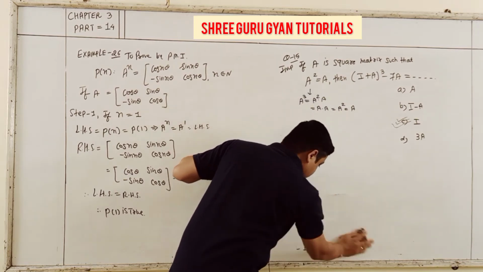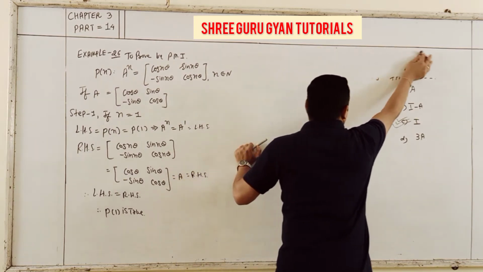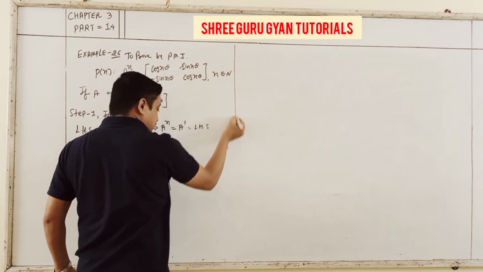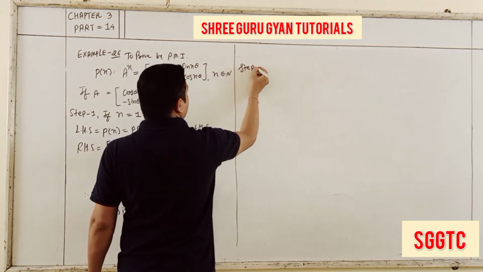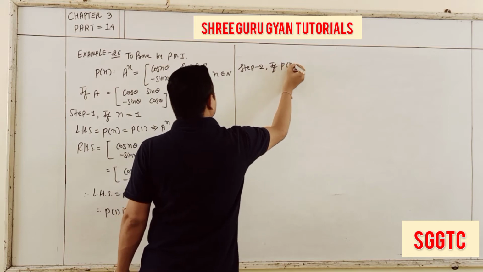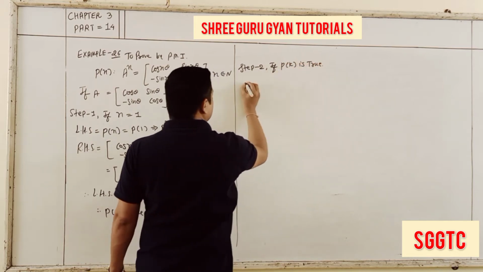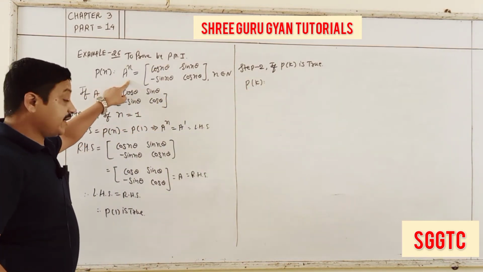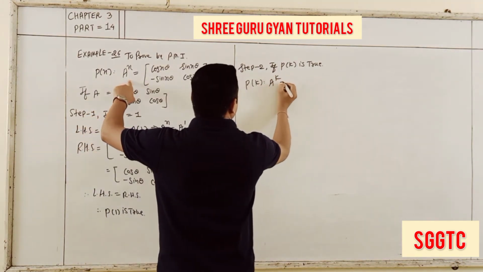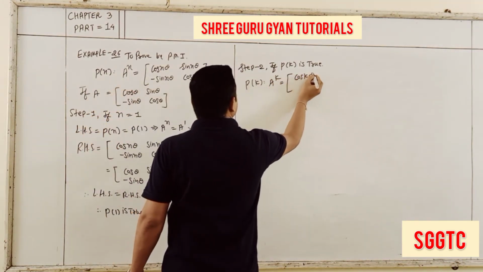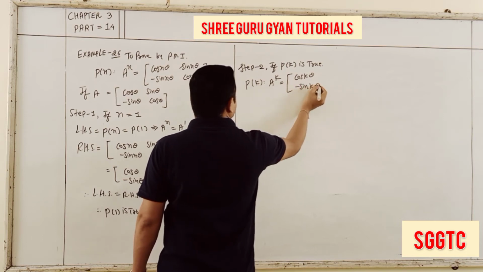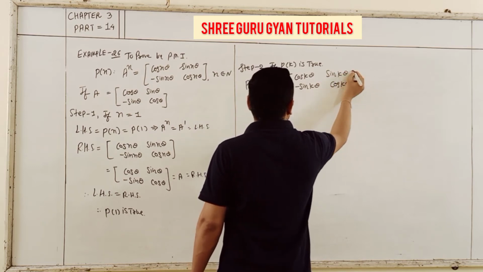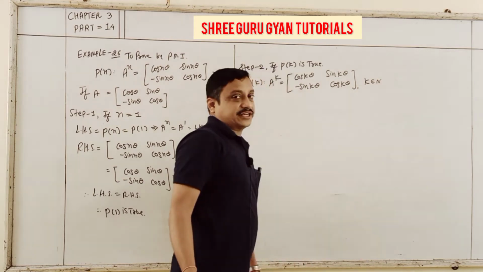Now I start my second step. Step number 2, going ahead very easily. In step 2, if Pk is true, so you just show your this P of n will convert into P of k. I mean A raised to k is cos k theta, minus sin k theta, sin k theta, cos k theta, for k belongs to natural.